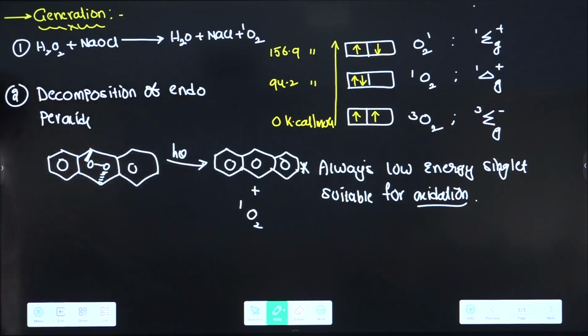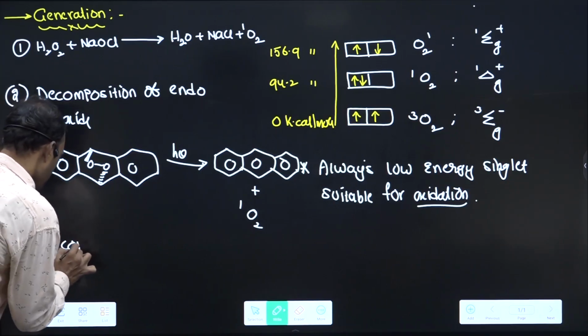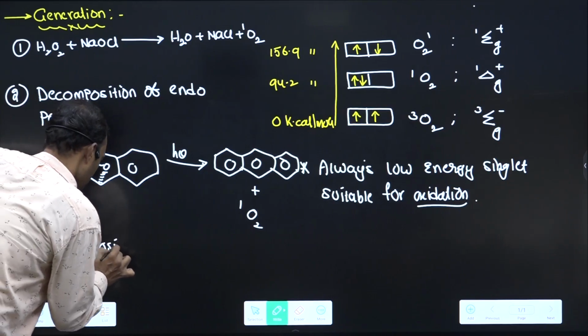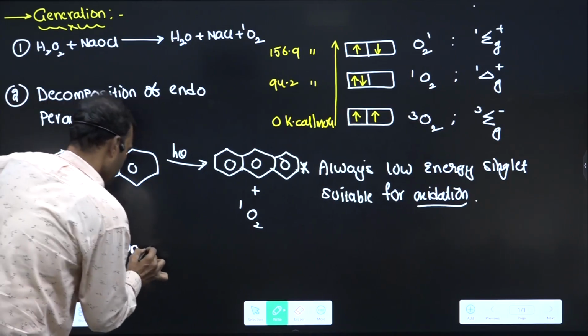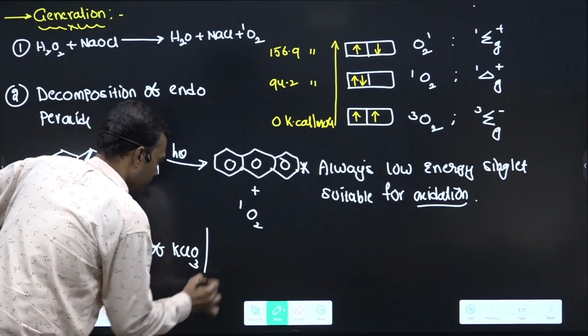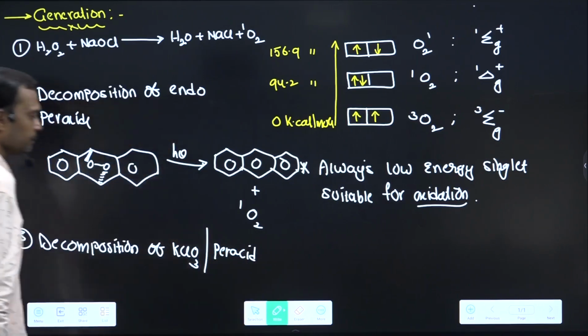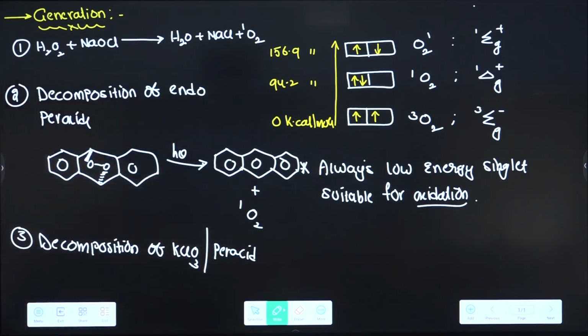Endoperoxide on photolysis will give singlet oxygen. Then decomposition of potassium chlorate in peracids. Take any peracid, KClO3. KClO3 in peracid generates singlet oxygen.